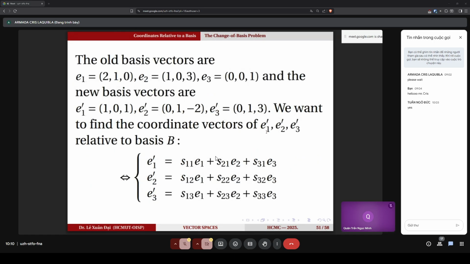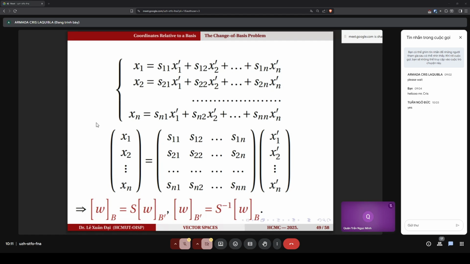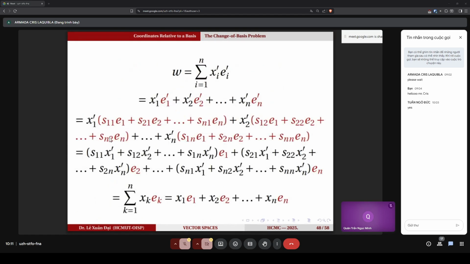Now, we form this one. E1, E2, E3, they use this variable E here for the vectors in basis B, which we use there because we use their E's, right?